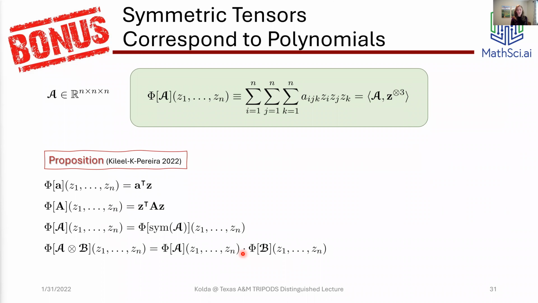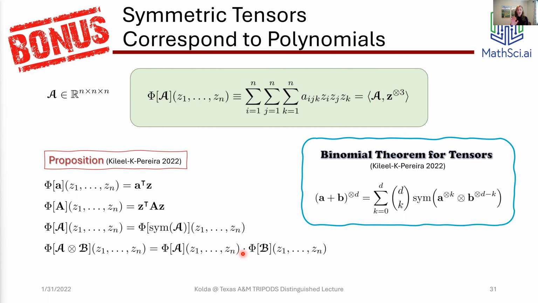Just one fun math thing, and I'm already nerding out really high, but this is even nerdier. There's this thing called the binomial theorem for scalars. You can look it up on Wikipedia. And then you can actually have a version for tensors. It says if I have two vectors, I'm taking their sum and taking their outer product d times, I can write this as a summation with a weight of a symmetrized version of the outer product powers of these two, different sets of powers, and so change that to a multiplication as opposed to addition.